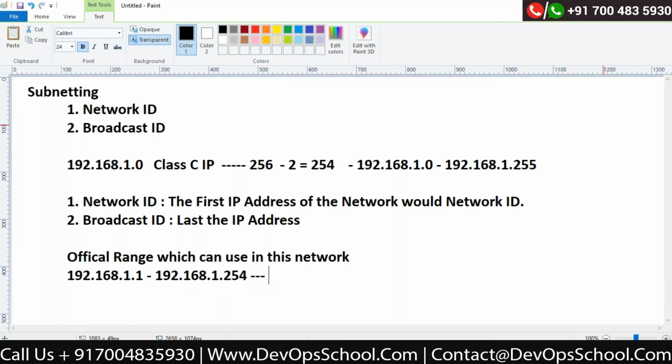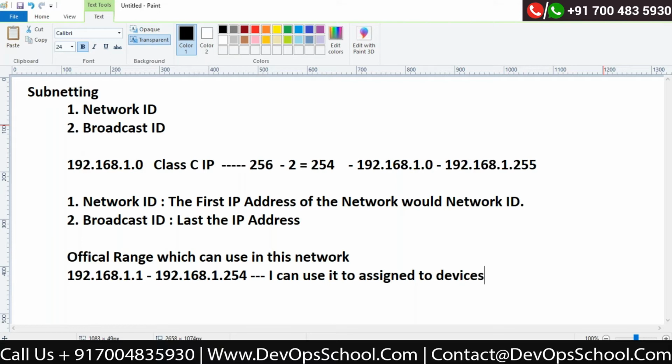These IP addresses I can use to assign to devices. Correct? This is very, very important. Okay, now this is network ID and broadcast ID.